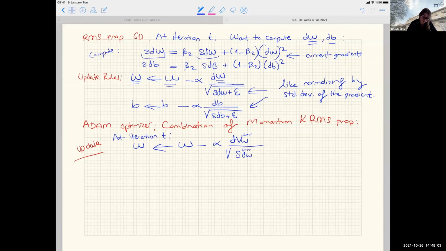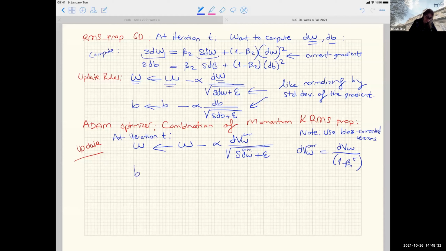Again, these are bias corrected because you're doing this accumulation. You need to use the bias corrected versions, which are, for instance, VW bias corrected is VW over 1 minus beta to the power t, okay?